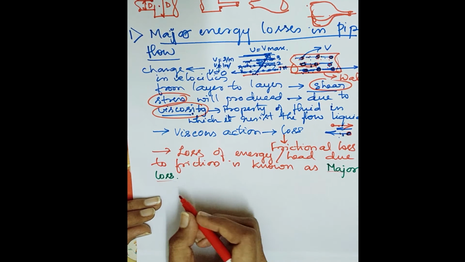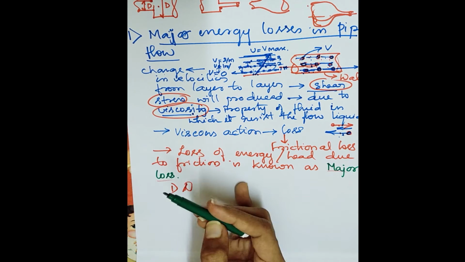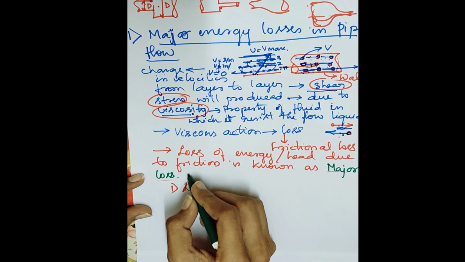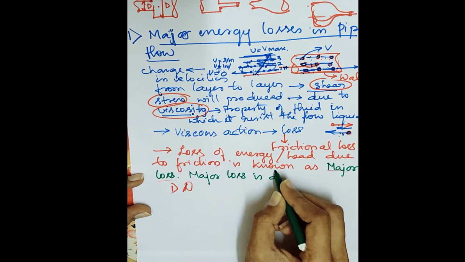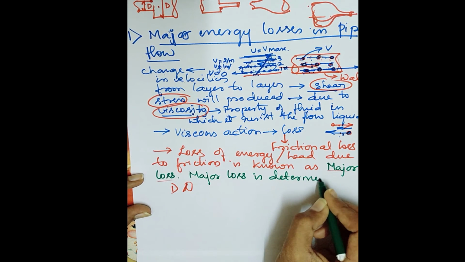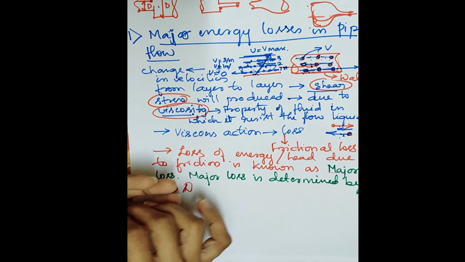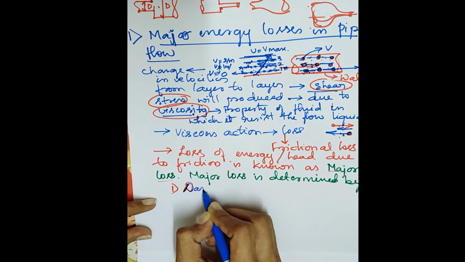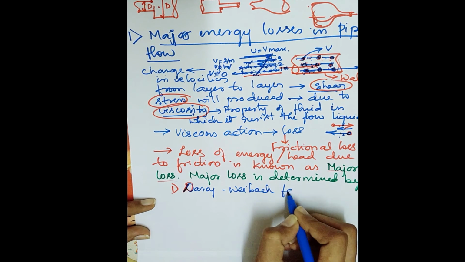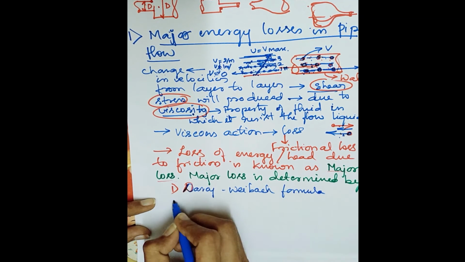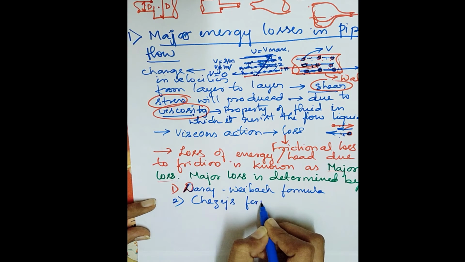This major loss is determined by the first formula, the Darcy-Weisbach formula, and the second one is Chezy's formula.